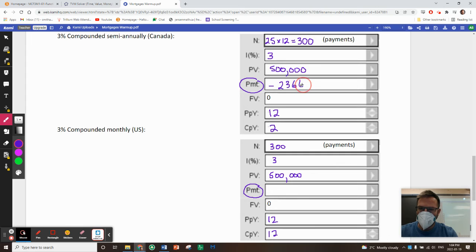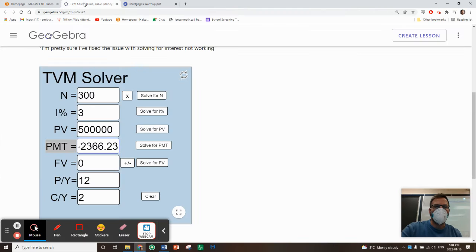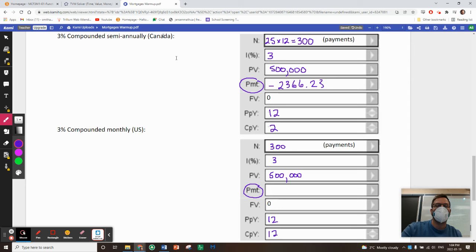All right, and for the US one, all we've got to do is change C/Y to 12 and recalculate. 2371.06.